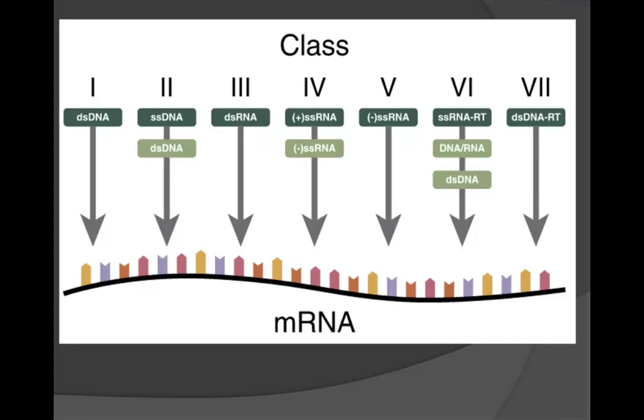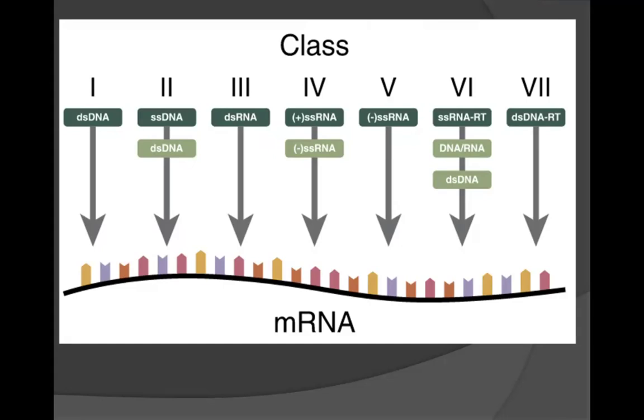This slide here gives an overview of the 7-stage classification system for viruses. Note that some are going to be double-stranded DNA or single-stranded DNA, as well as single and double-stranded RNA. Some classes of RNA will be positive and negative.